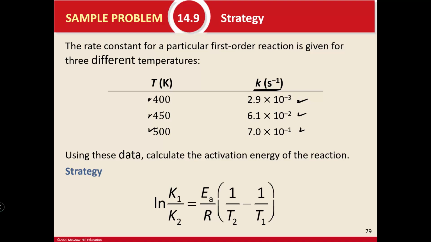Okay, so we have the ln of K1 over K2 equals E sub A over R, 1 over T2 minus 1 over T1. There's our equation that we have to use. It's a plug and chug problem then, right? So they want to know, using the data, calculate the activation energy. So we could choose either one of these data.